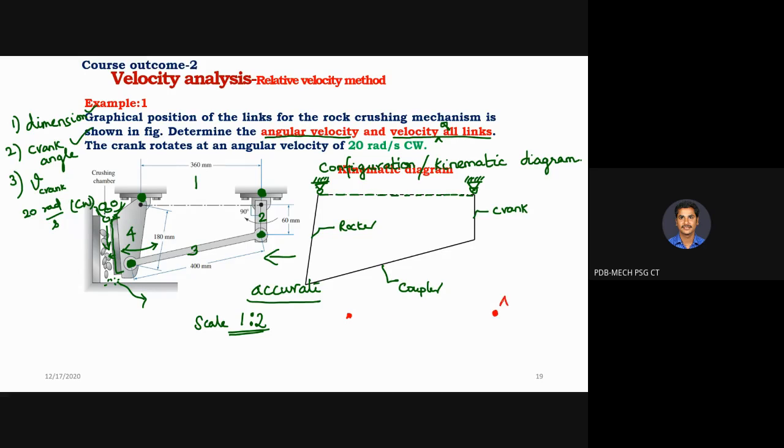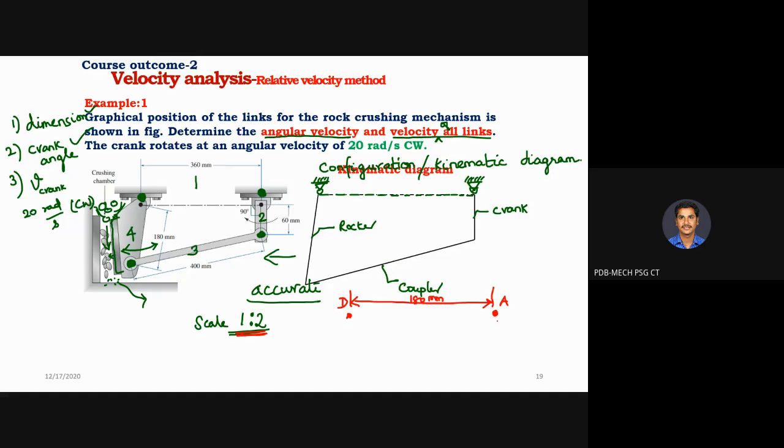Let me denote this as point A and this point as D. The distance between A and D is 180 mm because we reduced the scale to 1:2. We need not keep 360 mm; we can reduce it to 180 mm. But you need to write the scale without fail, on the left hand side or right hand side.